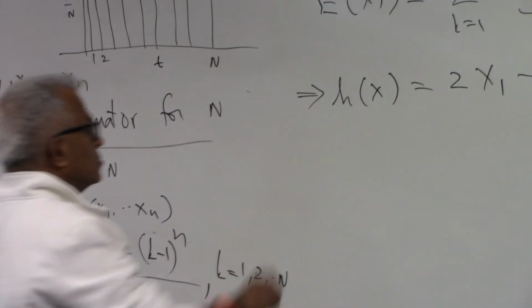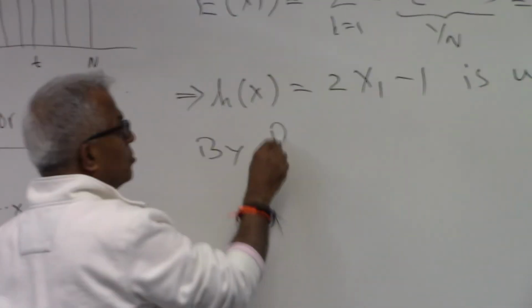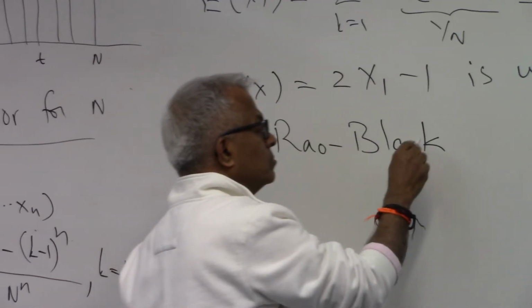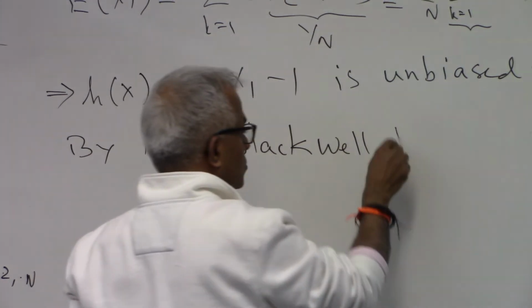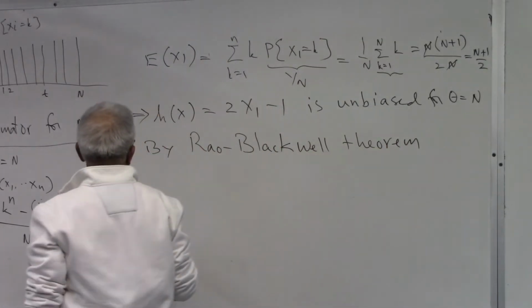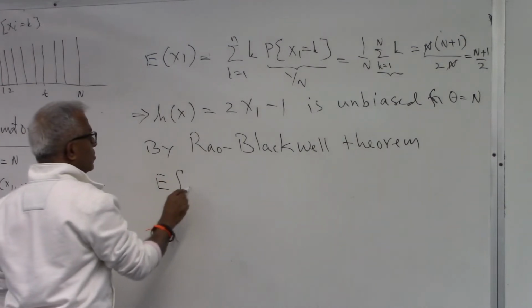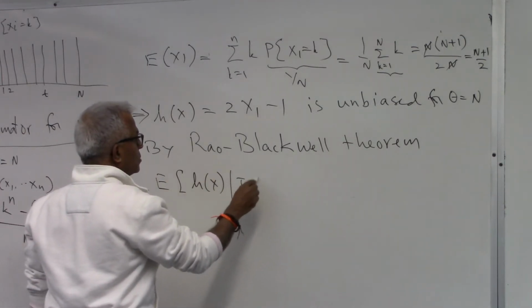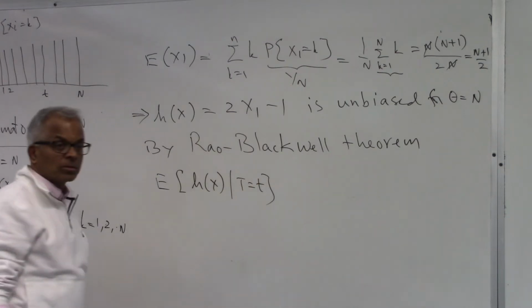By the Rao-Blackwell theorem, the expected value of h(x) given T equal to t is the best estimator.